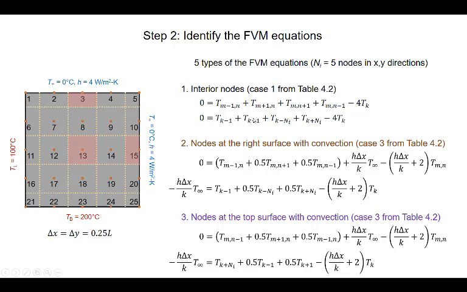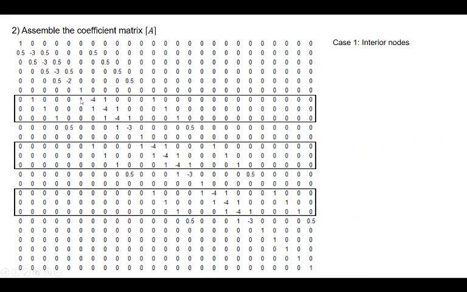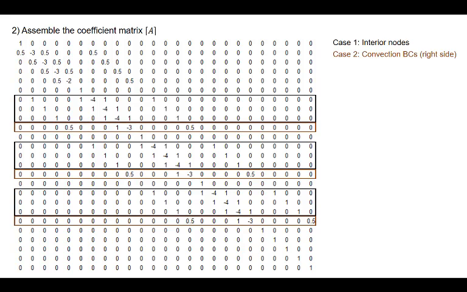So we have 1s for the neighboring temperatures and a -4 for the node of interest. You can see the 1s for the 4 neighboring temperatures and the -4 for the node of interest in each of these rows of the coefficient matrix. In the second case, we had convection boundary conditions on the right side of the square.